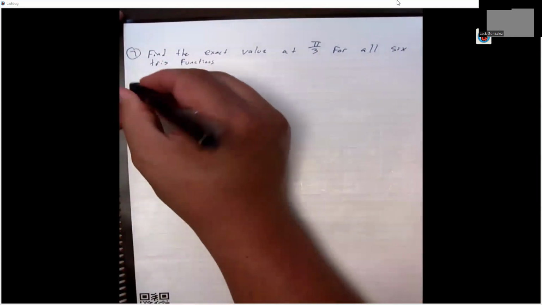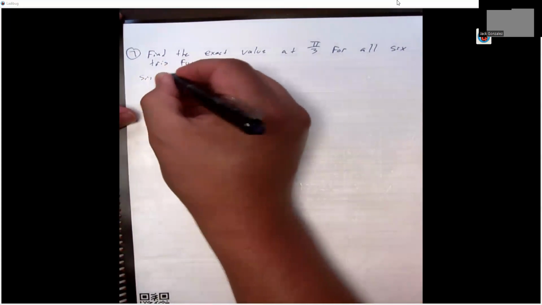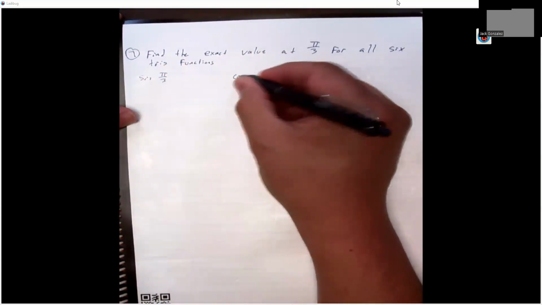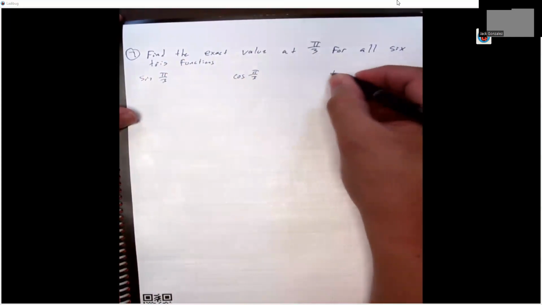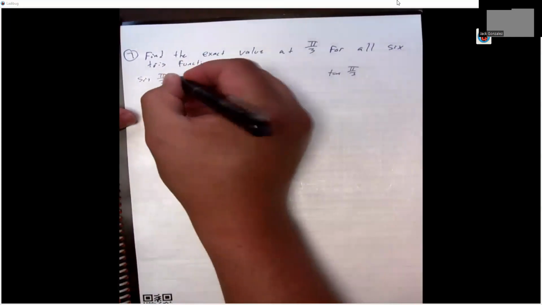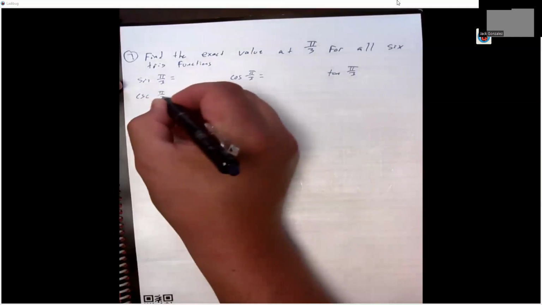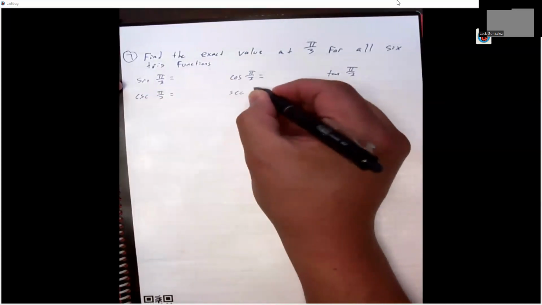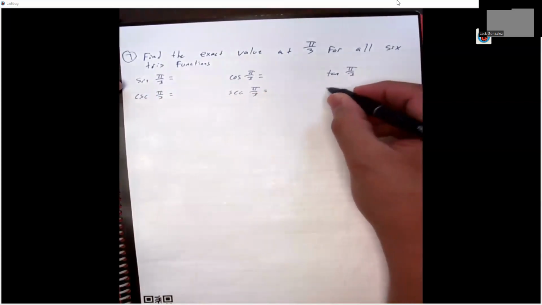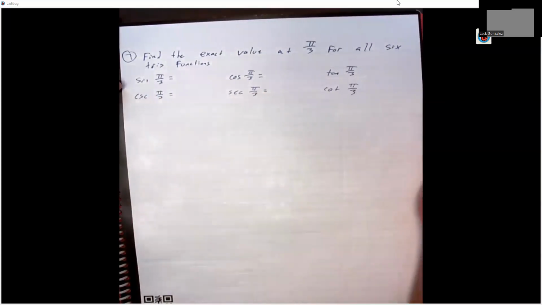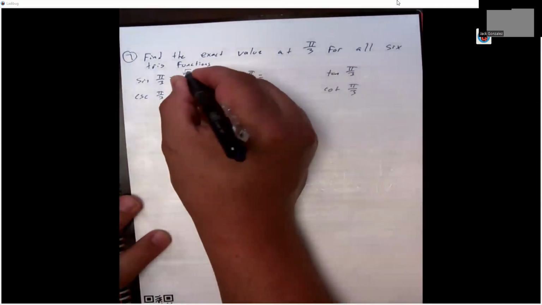Basically what they want is find sine of pi thirds, find cosine of pi thirds, find tangent of pi thirds, and then do the other 3, which will be cosecant of pi thirds, secant of pi thirds, cotangent of pi thirds. All right, pi thirds is 60 degrees, right? So sine would be square root of 3 over 2.